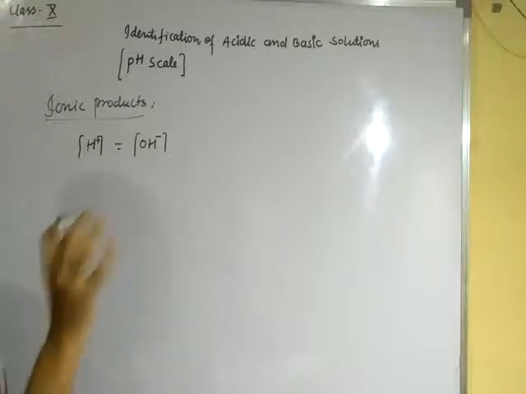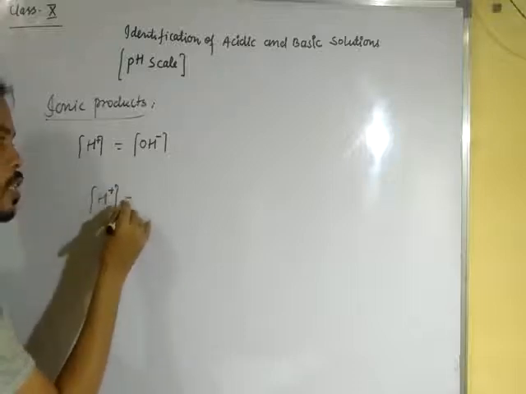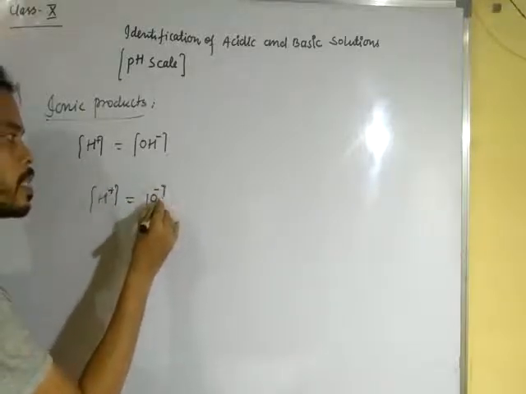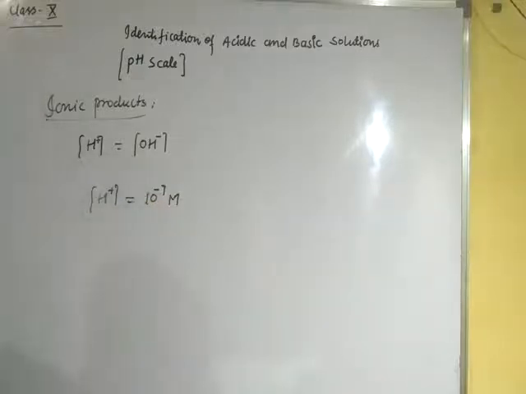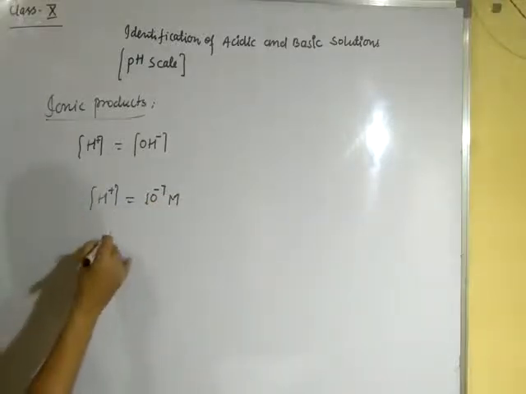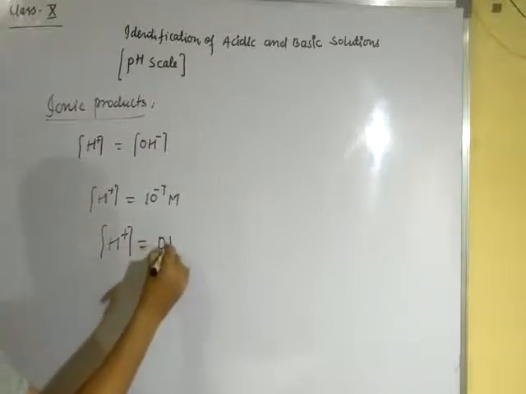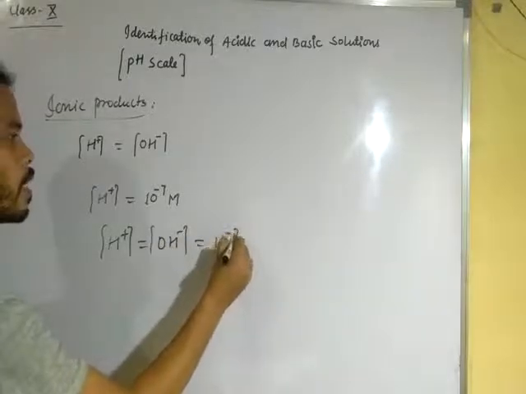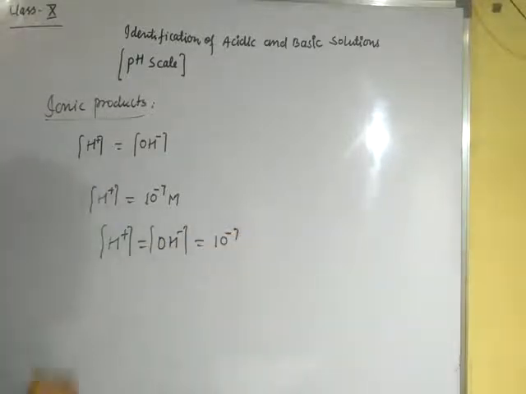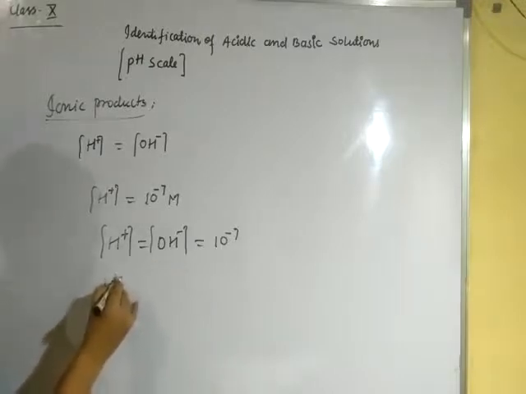It is found that the concentration of H plus ion is equal to 10 to the power minus 7 molar, as we have discussed before. So the H plus ion concentration is equal to the OH minus ion concentration, which is 10 to the power minus 7.